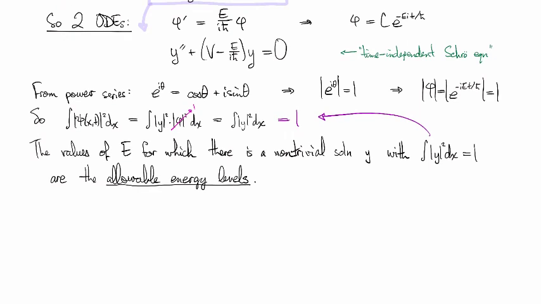And so the crazy thing about this is that this gives you quantization. Because only certain distinct or discrete values are allowed, as opposed to in classical mechanics, where any energy level is possible.